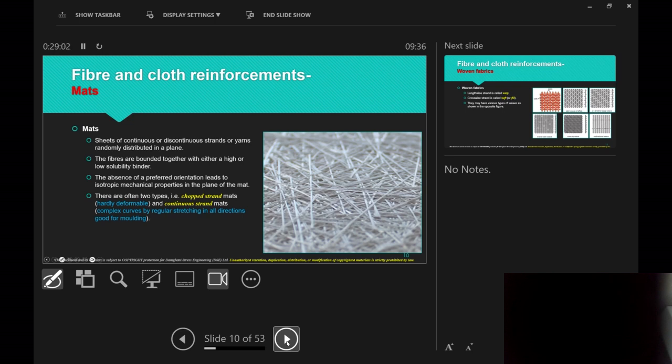So you need something quite flexible to adapt to the shape of your structure. Chopped strands are not flexible, and you can't form them to the right shape. With continuous strands, that problem goes away. You will have a lot more flexibility to stretch it in all directions to give a good mold.